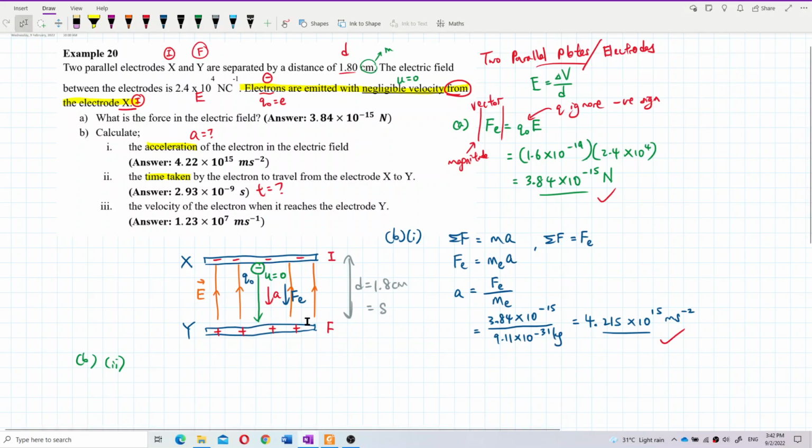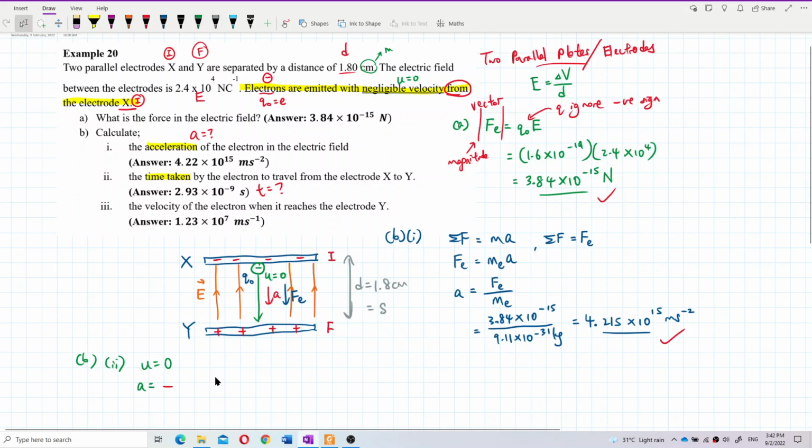We already have our initial velocity 0 and acceleration. If you want to put the direction downward as negative, also can. The acceleration is downward, so acceleration is negative.